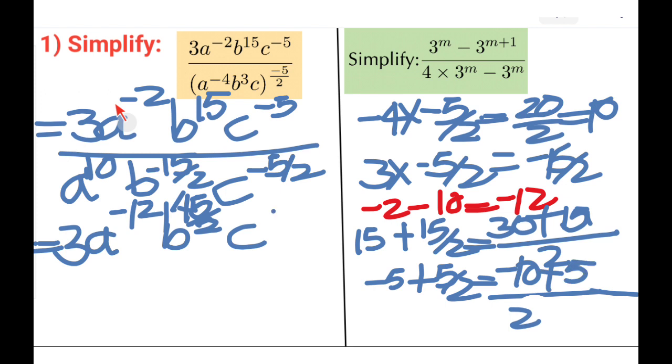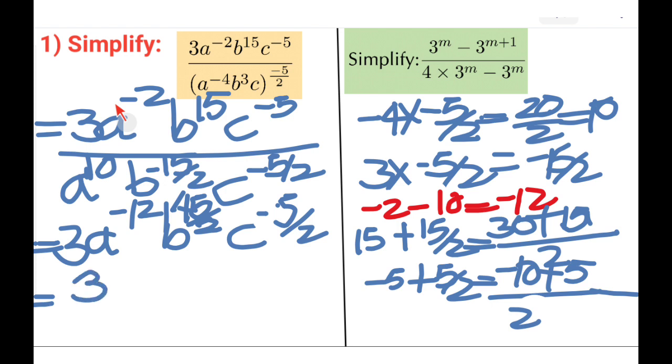So that leaves us with negative 5 over 2.